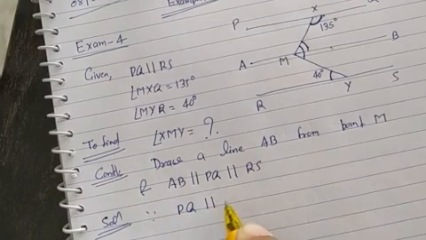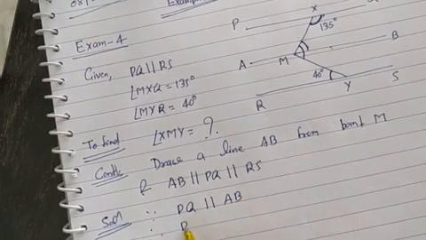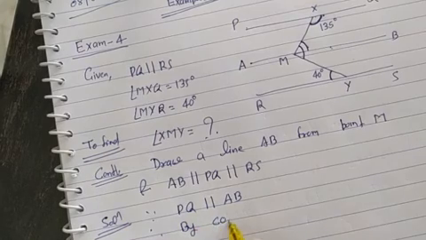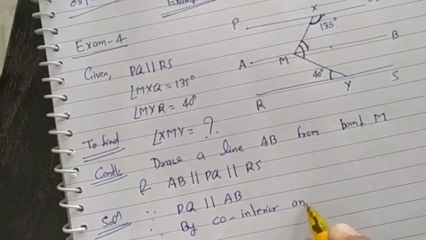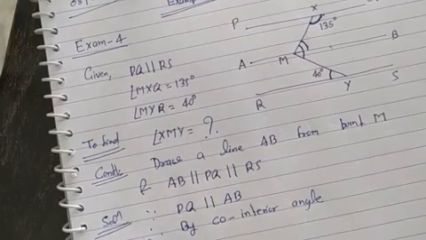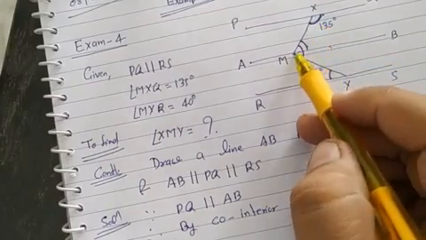Okay, you have to write here, since PQ is parallel to AB, therefore by co-interior angles, what is the name of this angle?